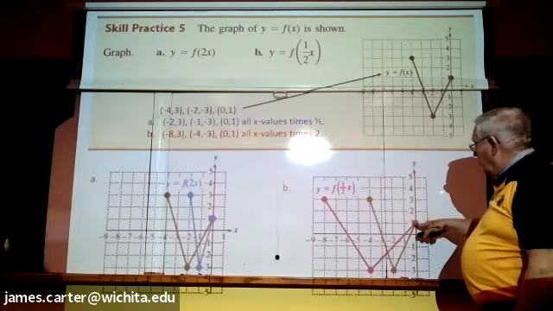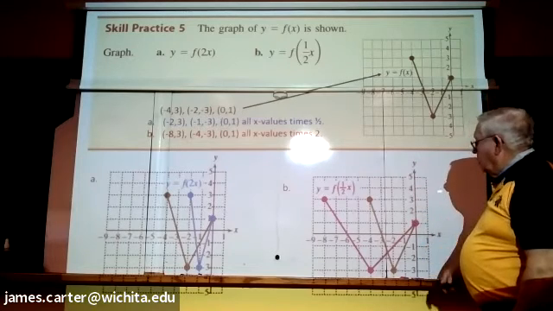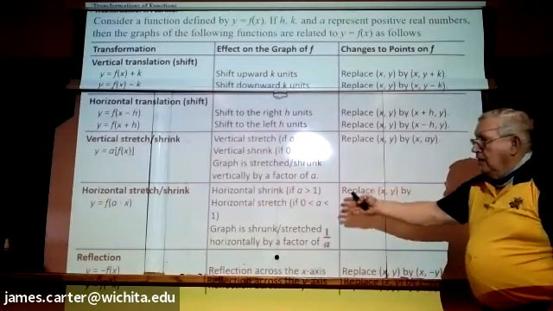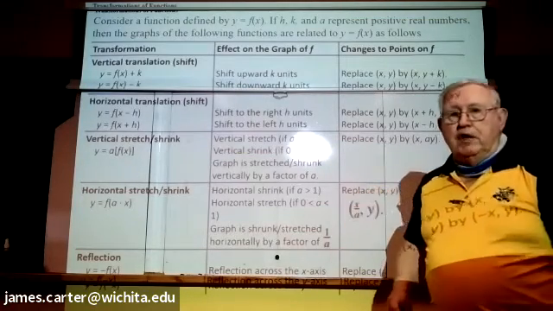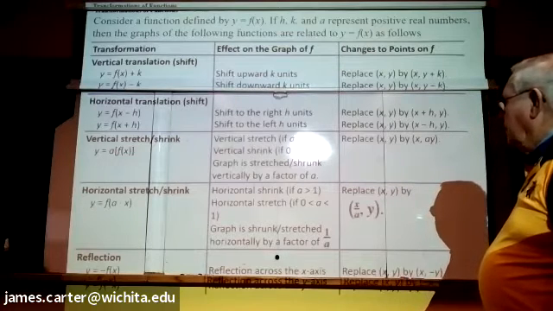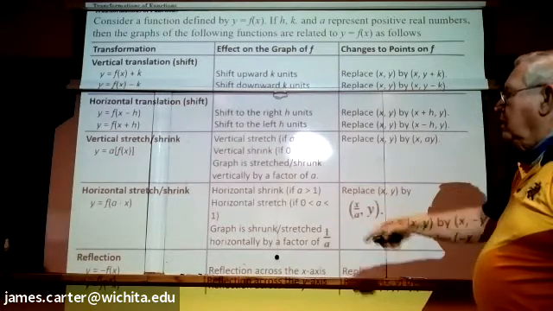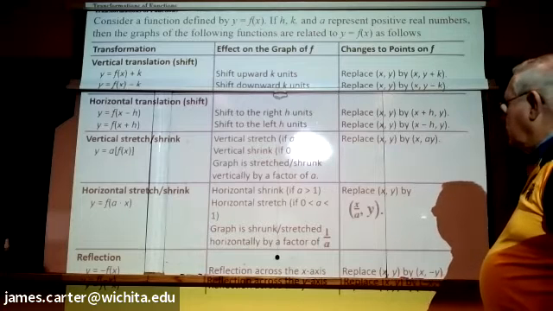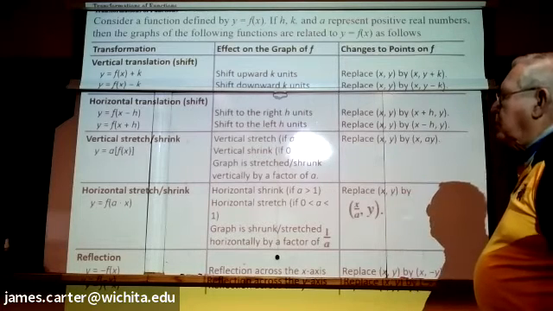The reason this point didn't move is because its x is 0 right there. Again, here is the chart that I've put up twice already. Just reminding you that on this one, if you got to determine horizontal stretch and shrink, you use the reciprocal.